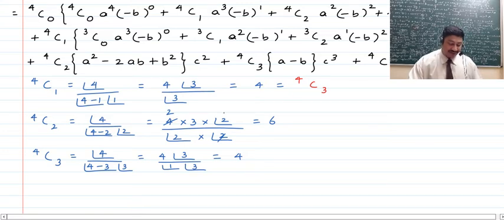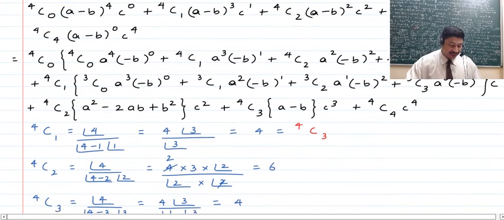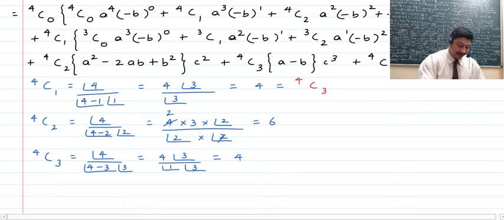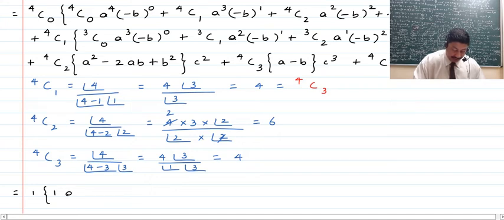So next, after calculating all of this, we now substitute their values, right? The first one that we have is 4c0, that is 1. Now writing the next step, we have 1 which gets multiplied with 4c1, which is again 1, to be multiplied with a raised to the power 4, b raised to the power 0 for that matter, minus b raised to the power 0 is going to be 1.